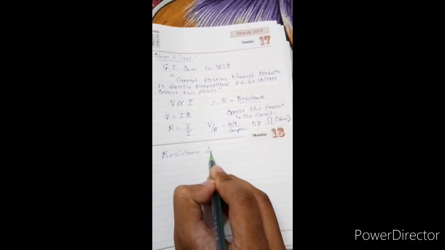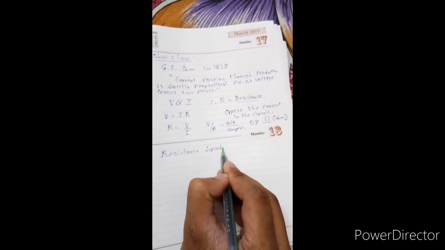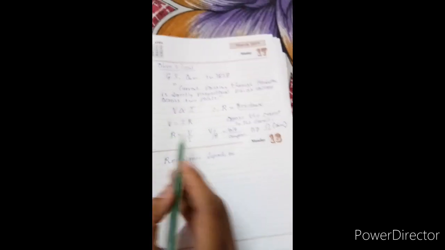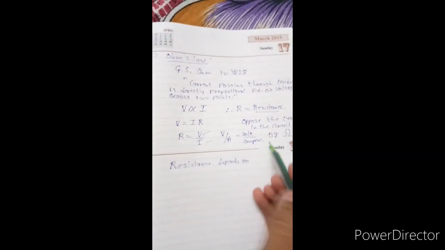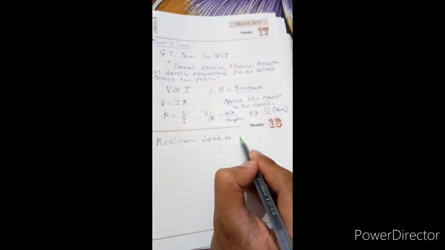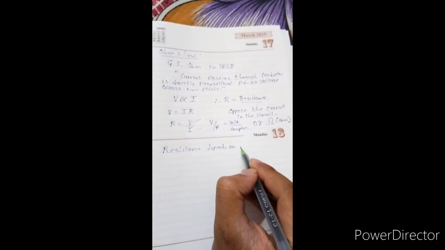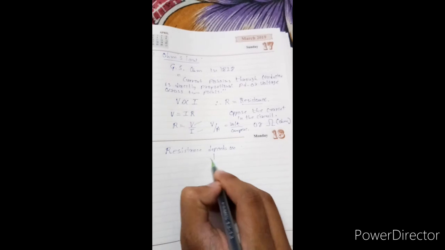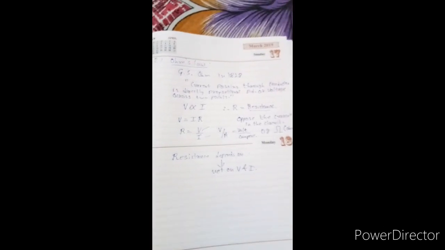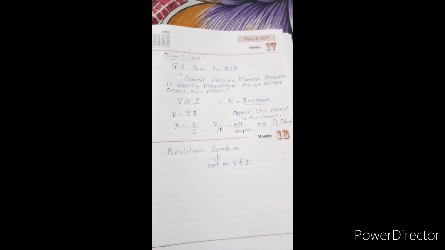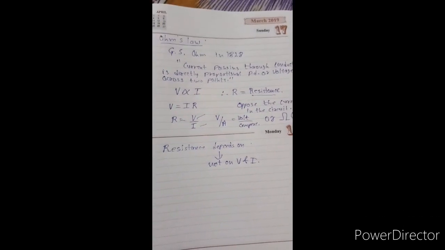Resistance depends on which quantities? You will tell that it depends on voltage, it depends on current, but no, it neither depends on voltage nor depends on current. So then resistance depends on which quantity?